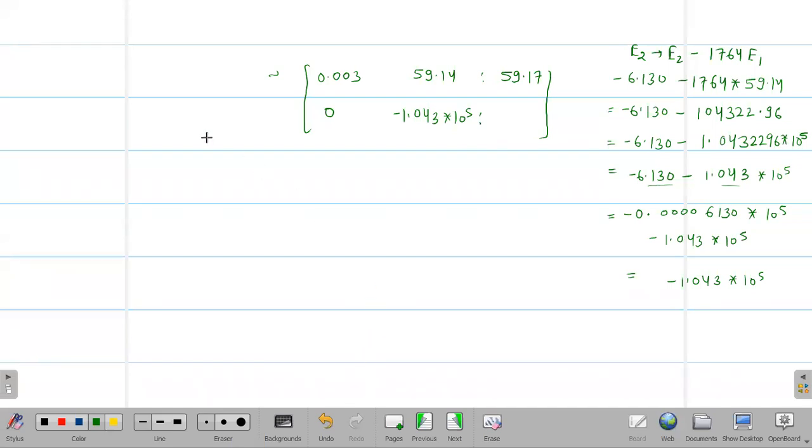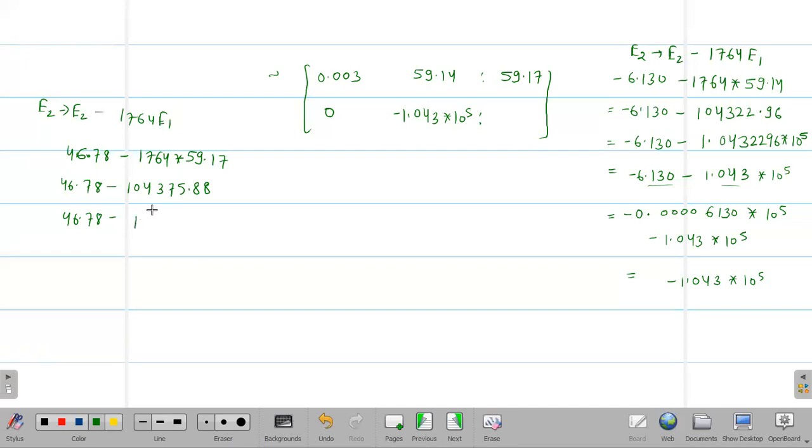Now similarly you will get this number also, E2 minus 1764 into E1. So in this entry you will take 46.78 minus 1764 into 59.17. So again you write 46.78, multiply these two numbers, you will get 104,375.88. So again you write 4 digits only.